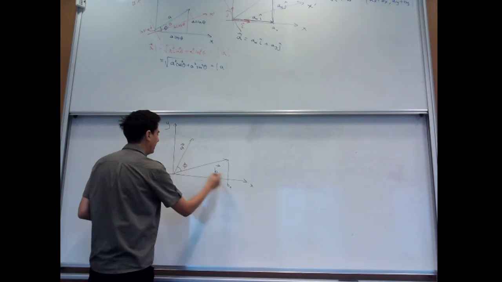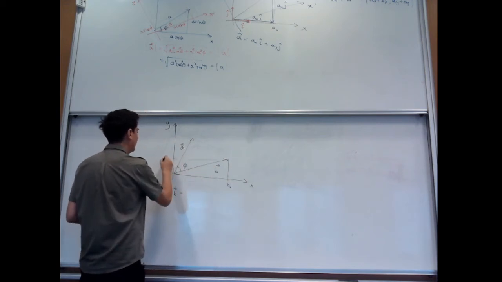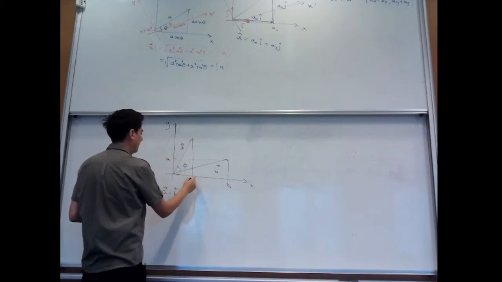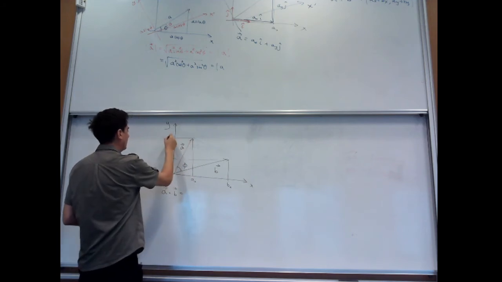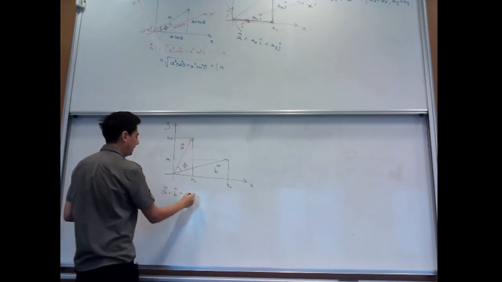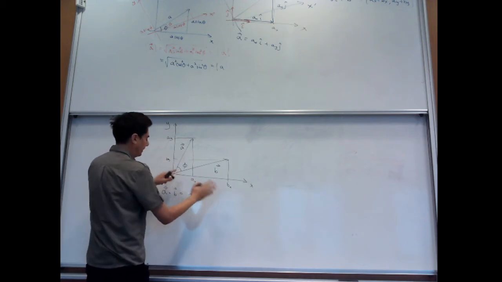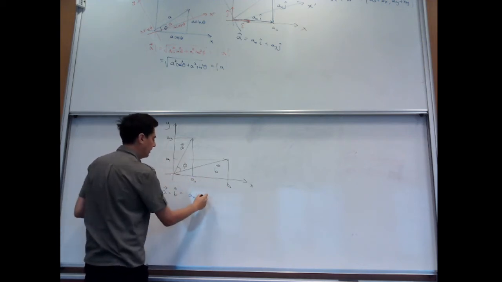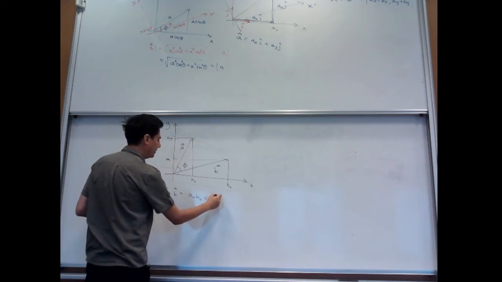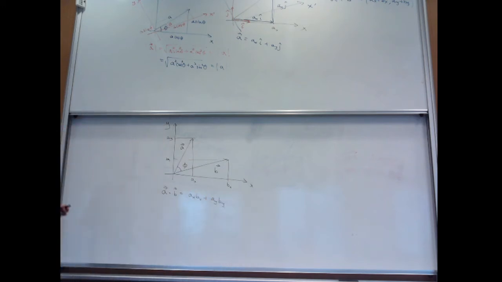So here we've got Bx, here we've got By, here we've got Ax, Ay, and so again it would be just Ax times Bx. You multiply the two x components, you multiply the two y components, and that would be it.